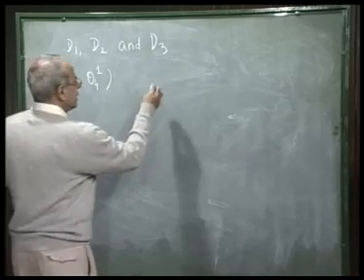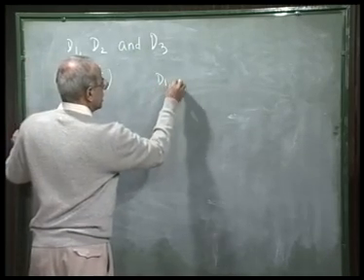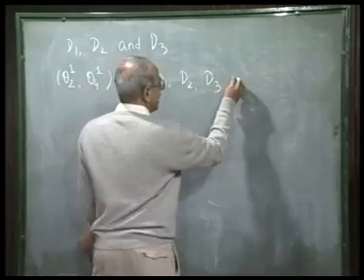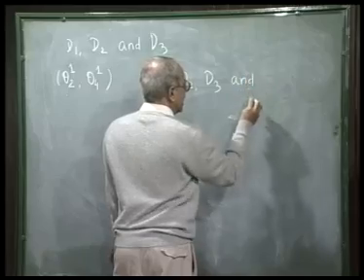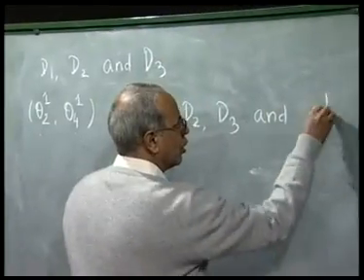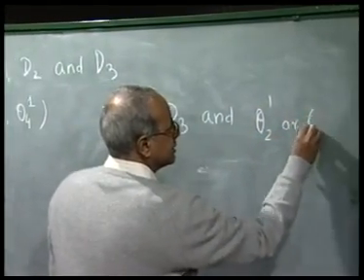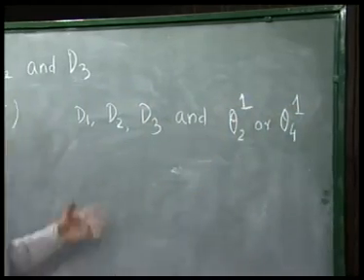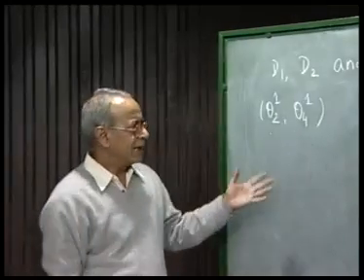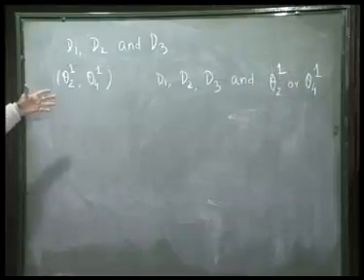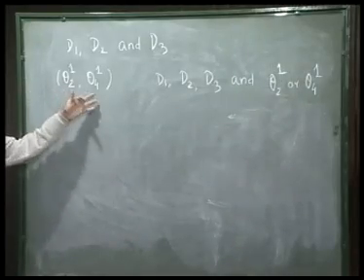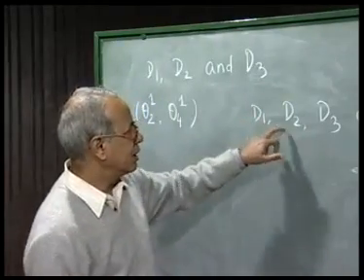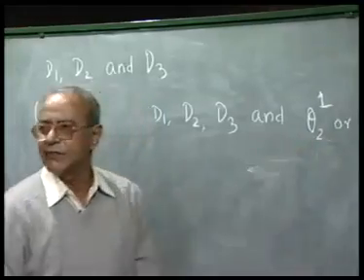That means D1, D2, D3 and either theta 2 1 or theta 4 1 have to be left undetermined, and then we can plug in the 4 sets of values of theta 2 and theta 4 to solve for these 4 unknowns D1, D2, D3 and whichever is left unknown.